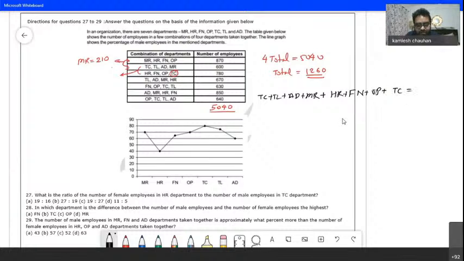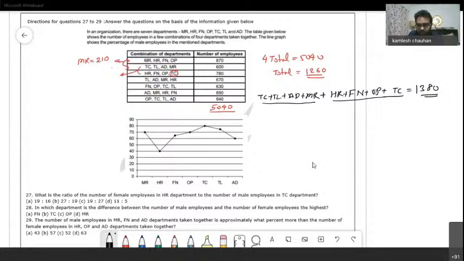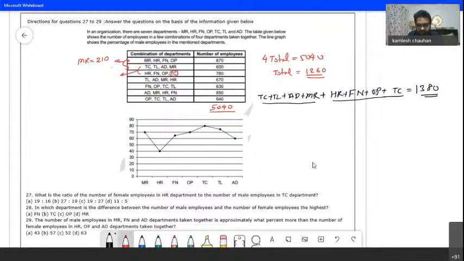Their sum is 600, and the sum of these is 780. So in total we can write 1380. Everyone, can we write 1380? Is it clear? Amit, Mayank. Now what is the sum from here till here? 1260. What is this value? 120. Everyone clear? Anyone any doubt?